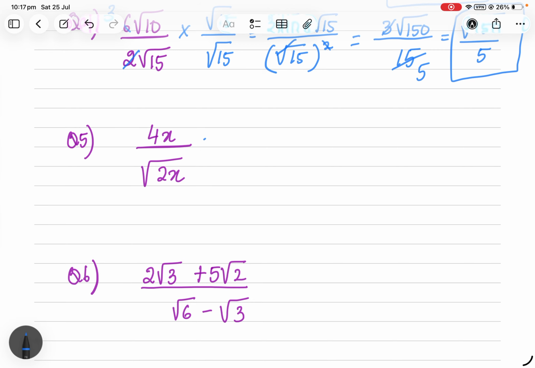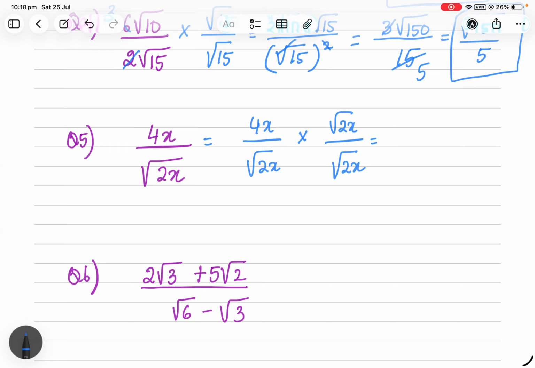Okay. In this case, what we are going to do is 4x divided by square root of 2x, and square root of 2x is going to be my multiplying numerator and denominator term.